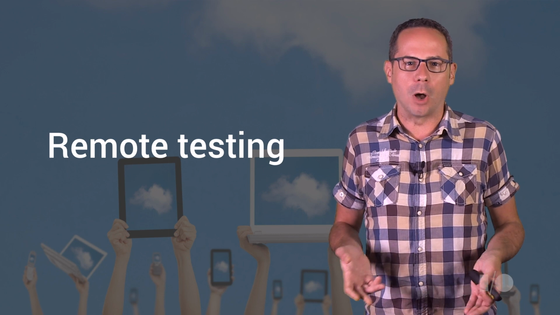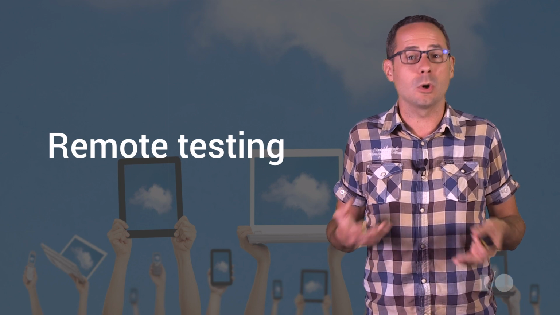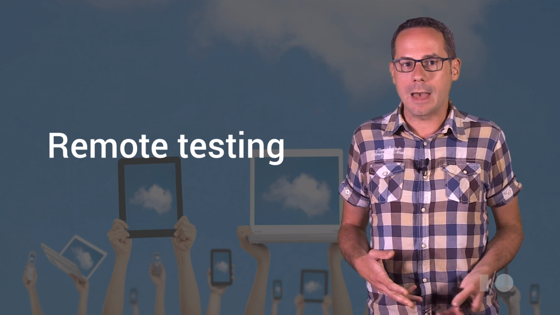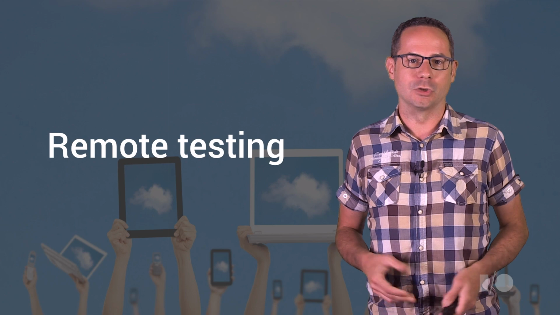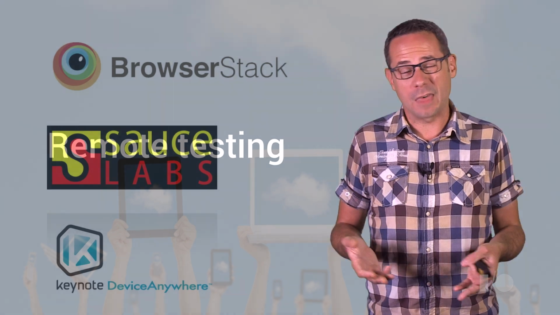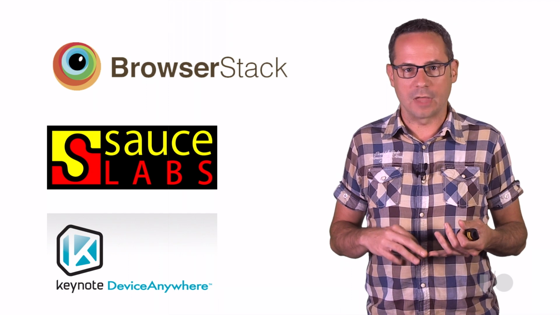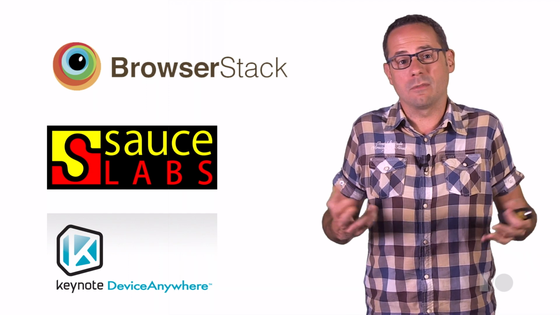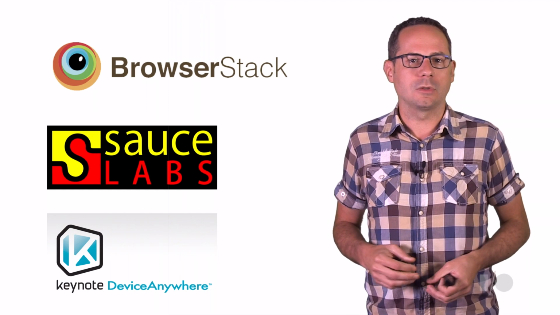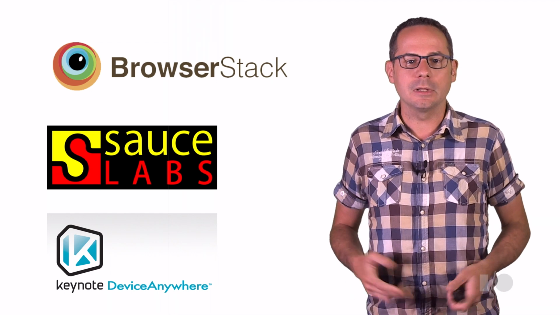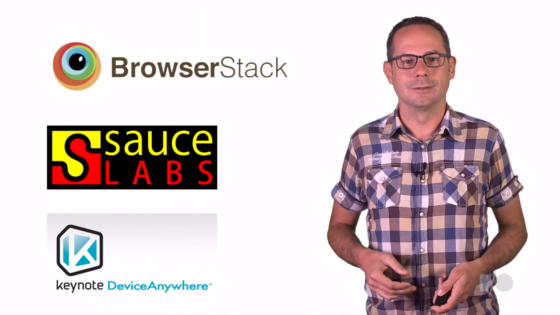But what if you get a bug report for a device that you don't have or that isn't available where you live? Or better yet, you want to automate some of your tests. For that, I use one of the remote testing services like BrowserStack, Sauce Labs, or Device Anywhere. These remote testing services offer cloud-based access to real and emulated browsers and devices.